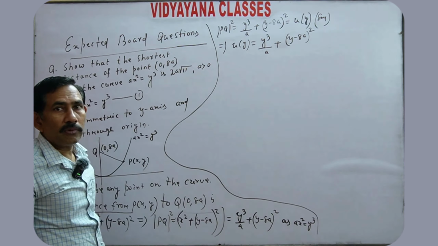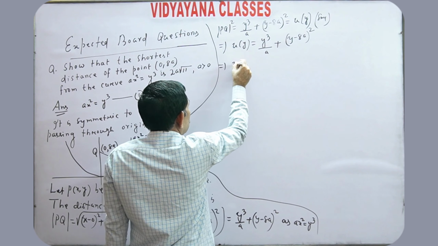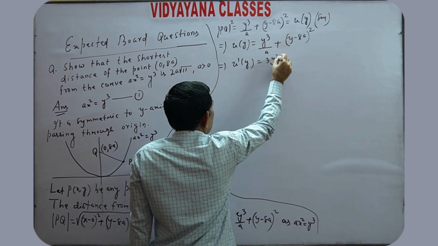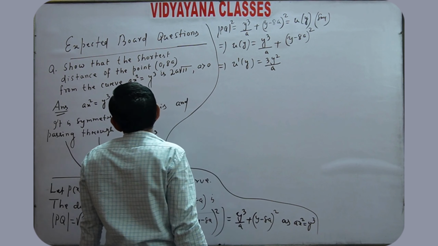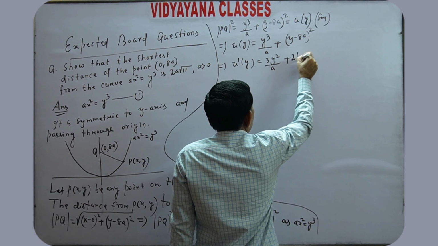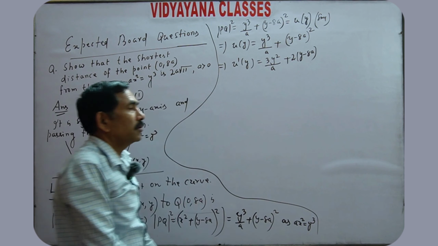Differentiating both sides with respect to y, u′(y) is equal to 3y²/a + 2(y − 8a). Clear?